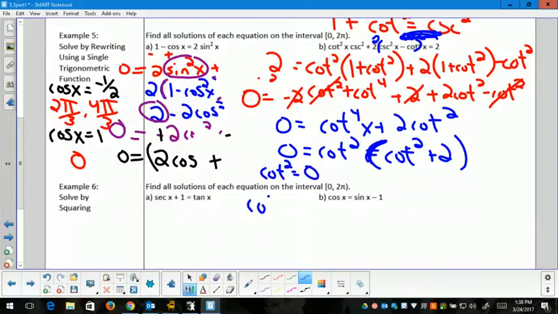Square root of 0 is 0. So cotangent of x is 0. You can do cosine over sine to get that, or you could flip it. If you're going to evaluate it in terms of tangent, tangent's undefined at pi over 2 and 3 pi over 2. Cotangent of x is 0 at pi over 2 and 3 pi over 2.